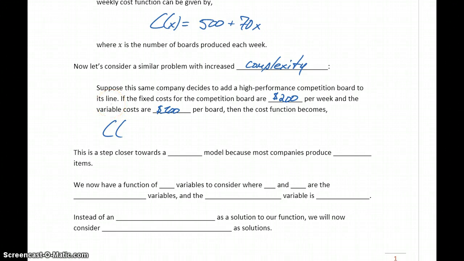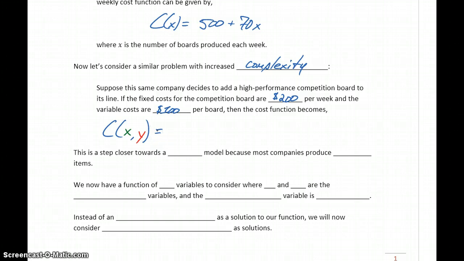So we could call this C of x, y. So we have one variable that's going to relate to the number of standard boards produced and one variable y that's going to relate to the number of high performance competition boards that are produced.